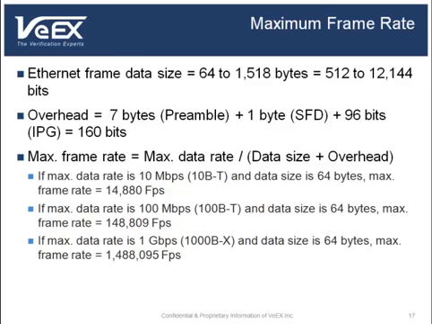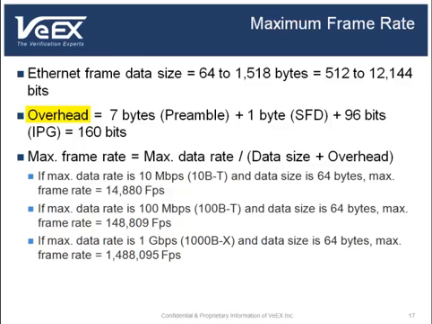We must first know the maximum data rate, which is indicated in the name of the standard. The second variable is the frame data size, which must be between 64 and 1,518 bytes. Finally, we must also know the overhead, which is equal to the preamble's 7 bytes, the start frame delimiter's 1 byte, and the interpacket gap, which is 96 bits.